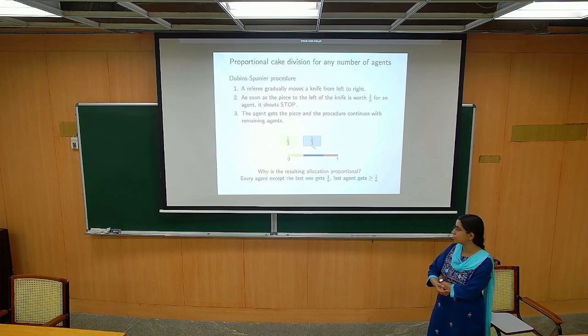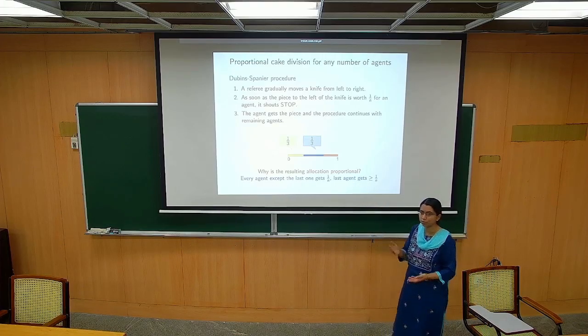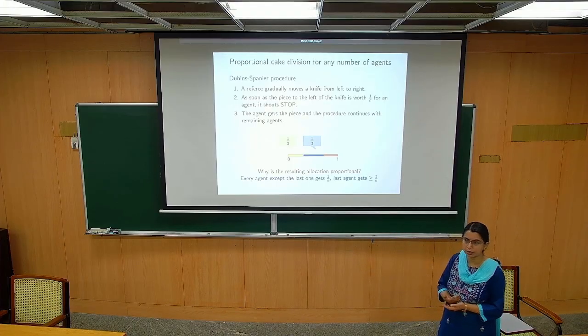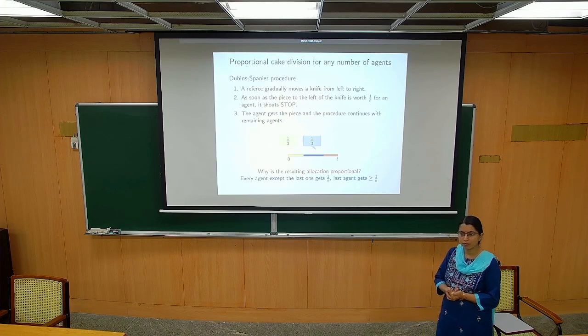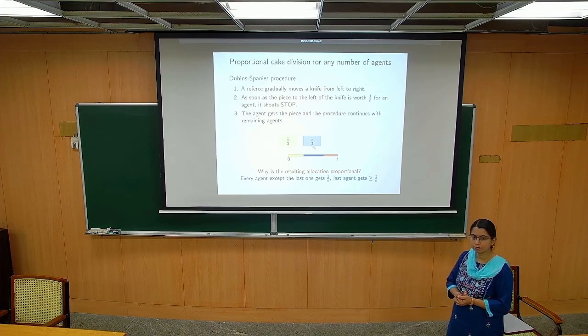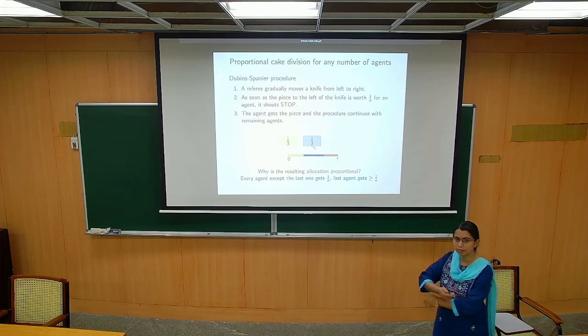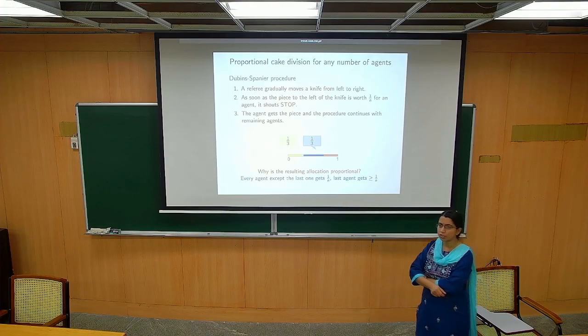Certainly we can't really move the knife continuously in an algorithmic sense, because you can't really look at the value of every point. First we ask every person a cut query, then n minus 1 cuts, and at each step there will be n queries. So n into n plus 1, roughly n square.